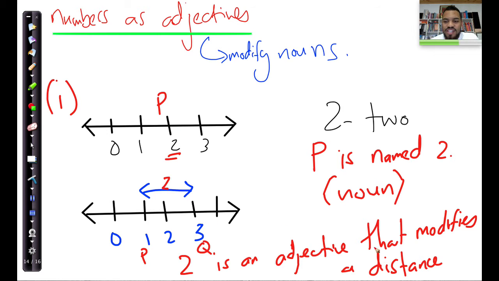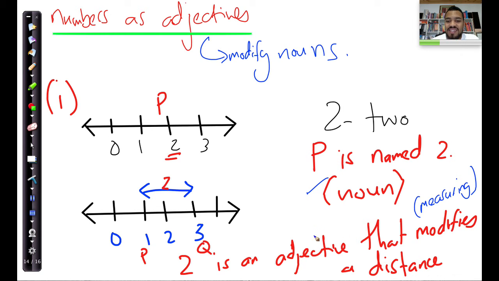They use it as adjectives that modify, and by modify I simply mean that it's measuring. It could do different things, but in this case, it is measuring that distance, right? So firstly, a number can be used as a noun in terms of language, and it can also be used as an adjective.